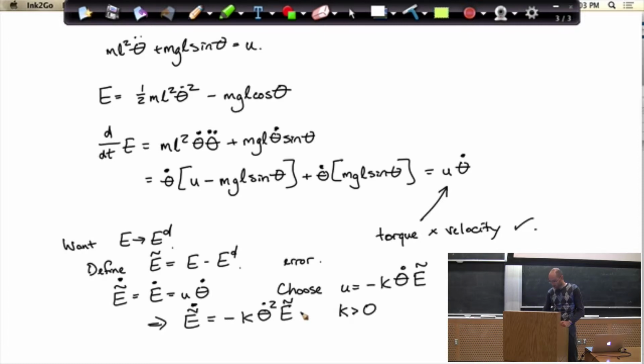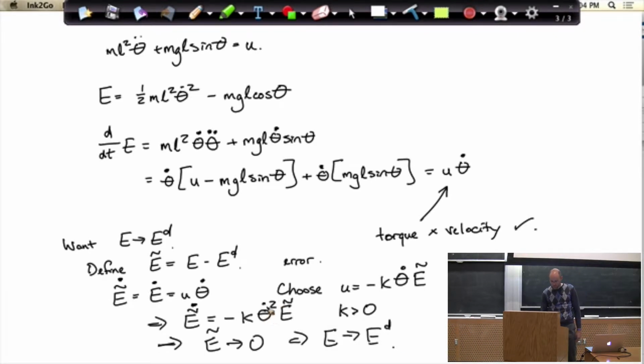You should think of this as x dot equals negative alpha x. I'm going to have some stable linear system. And if E tilde goes to 0, that implies that E goes to E desired. Okay?